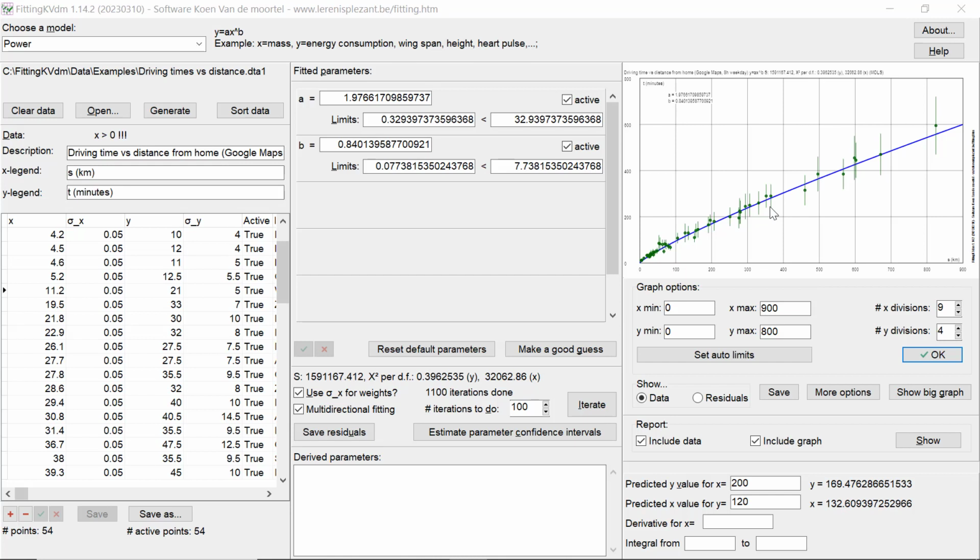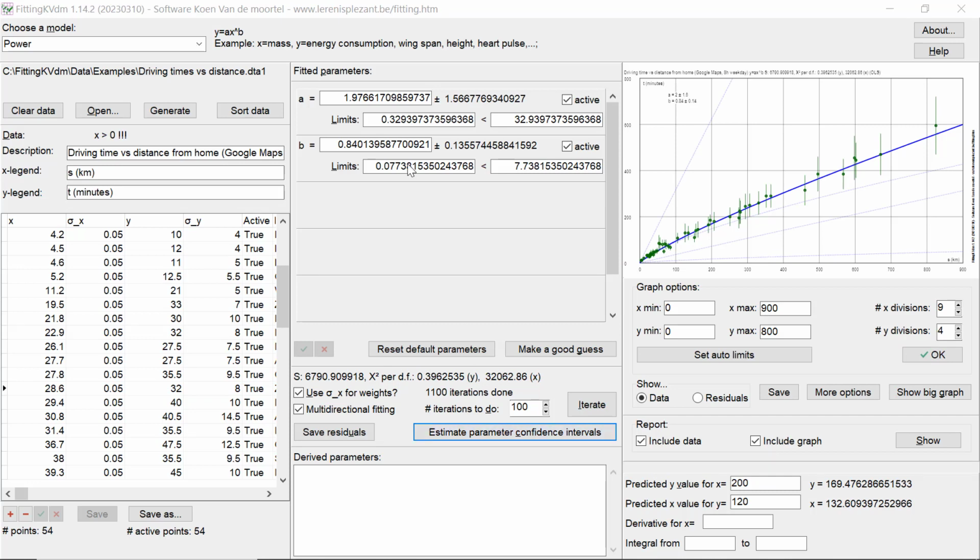Now, how precise are those parameters A and B, based upon the given deviations of the x and y values? All we have to do is click here, estimate parameter confidence intervals.